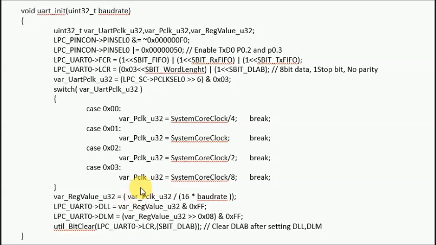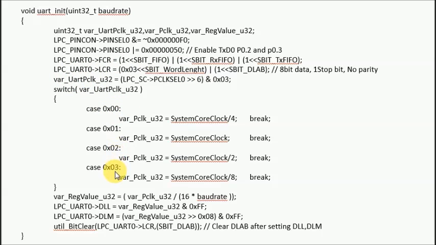You can remember that there are four different cases. According to these four cases, we can read bit number 7 and bit number 6 from the PCLKSEL register, and that is loaded into this register.